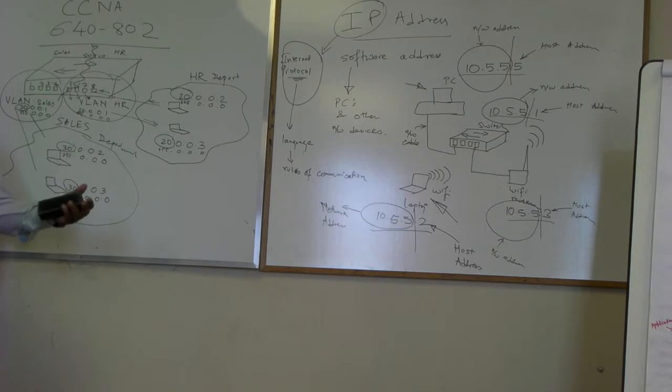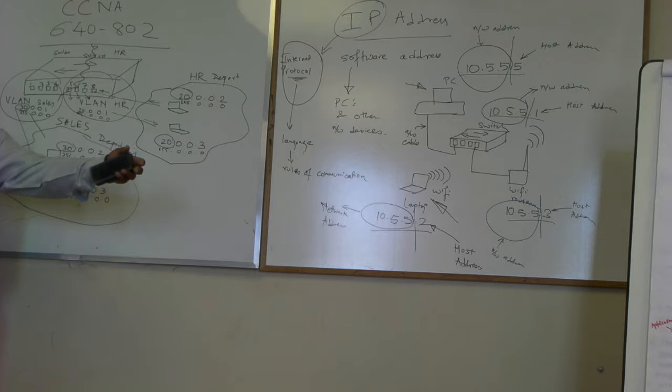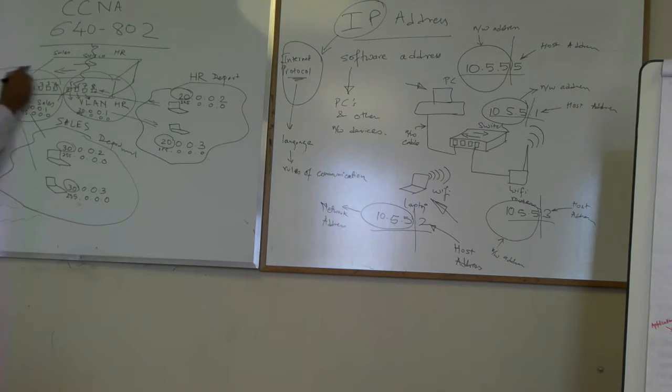A router is a device, a box that connects one network to another network. Okay? So we'll have a small router like this, for example. The symbol of the router is like this. And the router will have an Ethernet port going to the switch.